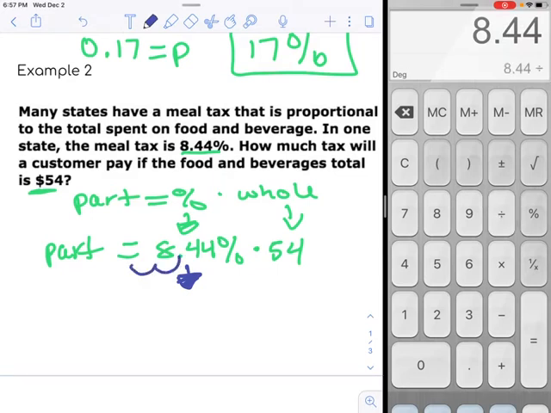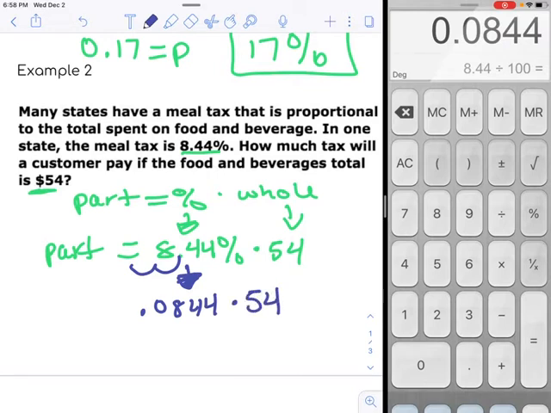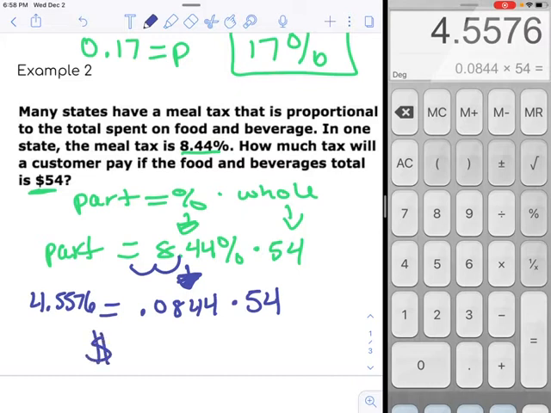Either way, you're going to get the same answer: 0.0844. Then all I have to do is multiply that by 54 to get my part. In this case, I don't want to leave my answer like this because we're talking about money, so I want to round to the nearest hundredths place to see how much I actually paid, which would be $4.56. That is how much I paid in tax on a $54 bill.